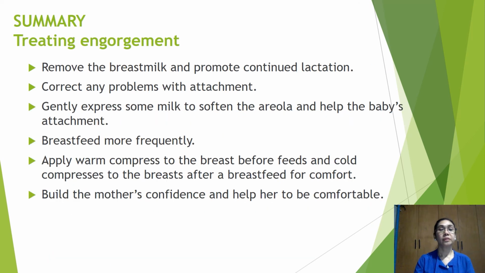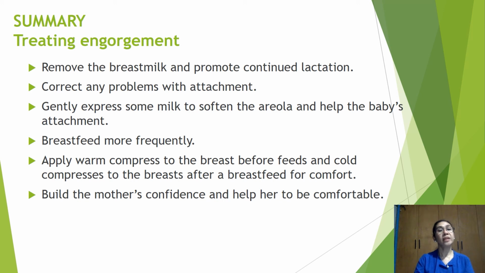So how do we treat breast engorgement? First, we have to remove the breast milk, and this would promote continued lactation. Next, we have to correct any problems with attachment. The key here is there should be a good attachment in breastfeeding.